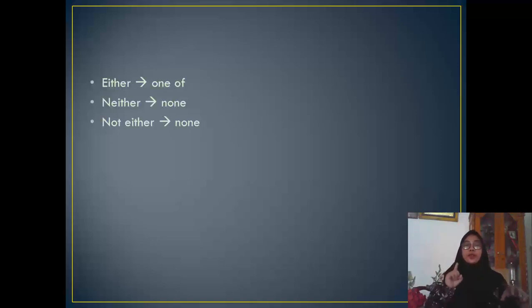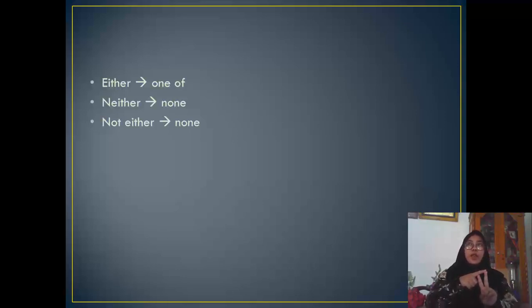The first sentence: either Miss Chika or Miss Nora will be there. The second sentence is: neither Miss Chika nor Miss Nora will be there.